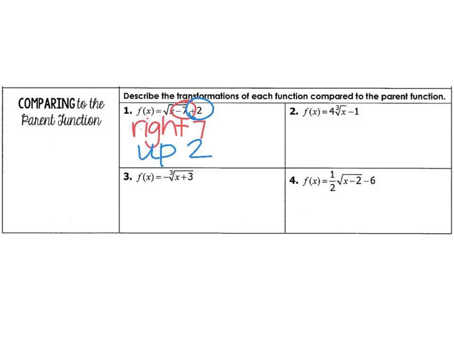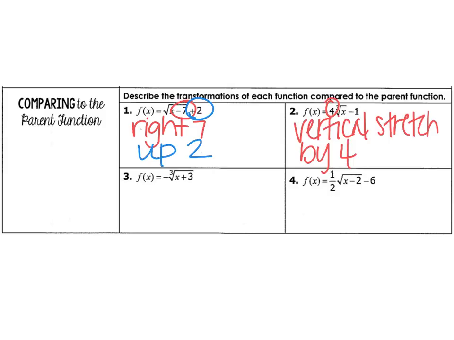Number 2, we're looking at a cube root function. This 4 in front tells us that it's going to be a vertical stretch by 4, because 4 is greater than 1. And the -1 on the outside is our k, and that tells us it's going to go down 1.